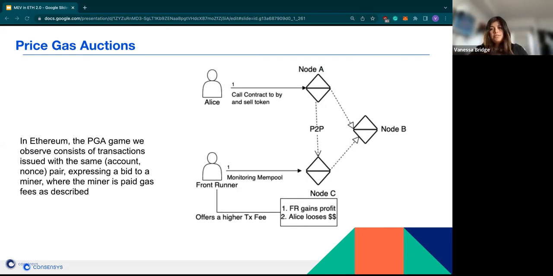Basically, if you identify an opportunity to make profit and you broadcast it, someone else that is willing to pay a higher transaction fee in order to do the same transaction and collect the rewards is able to. And essentially after the Flashbots guys released their paper, everybody started building their tokens and these auctions started to happen.